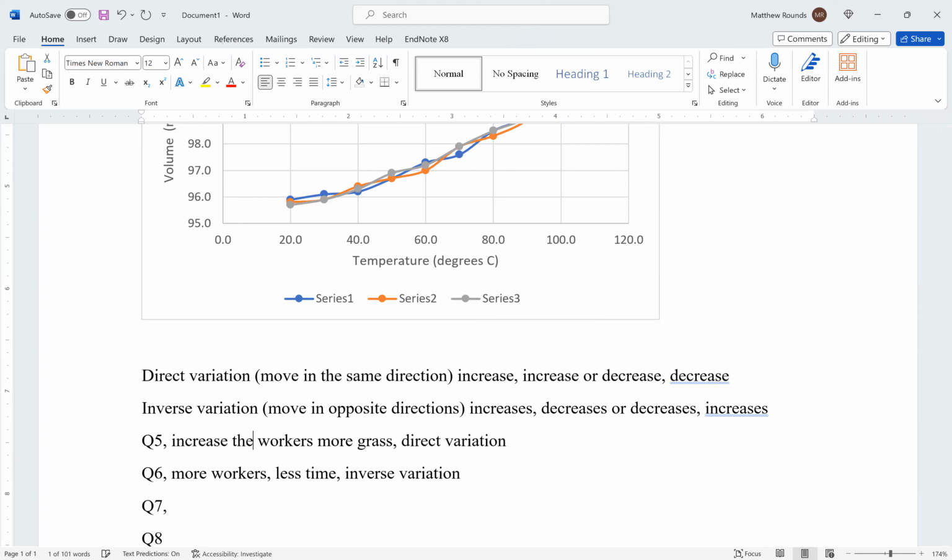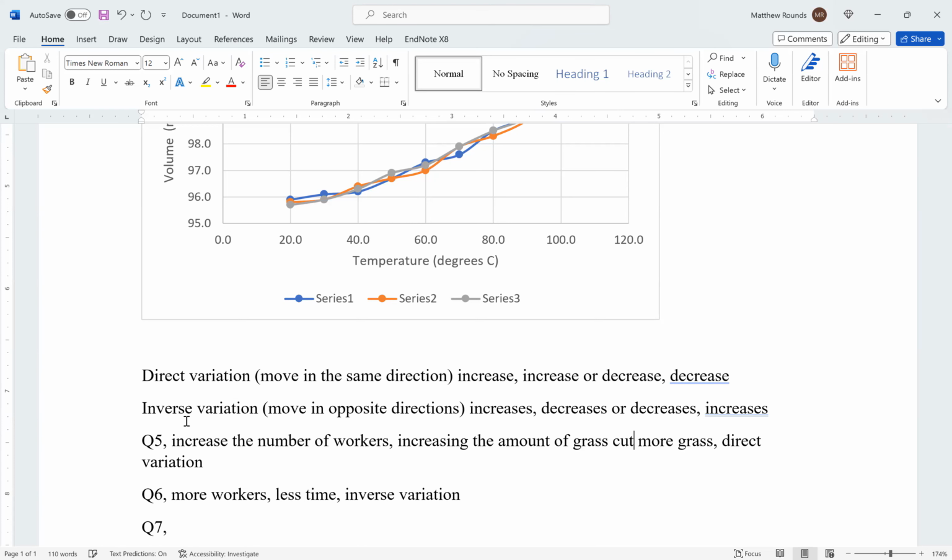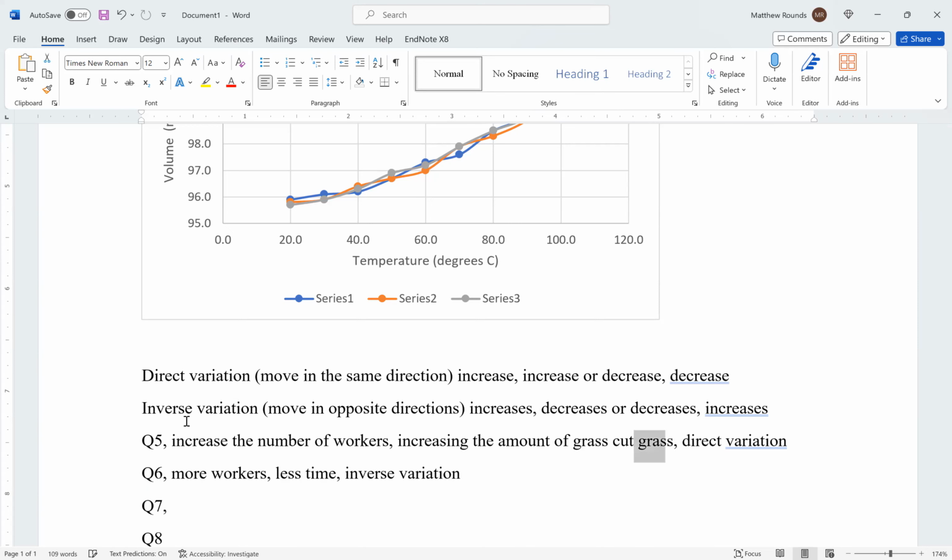Okay, well, if you increase the number of workers, are you increasing the amount of grass cut? Yes. Okay, so that's direct variation because they're going in the same direction.